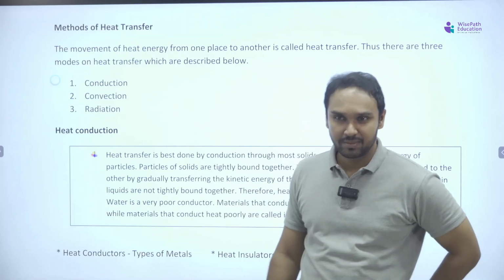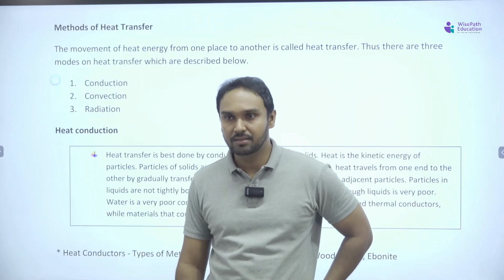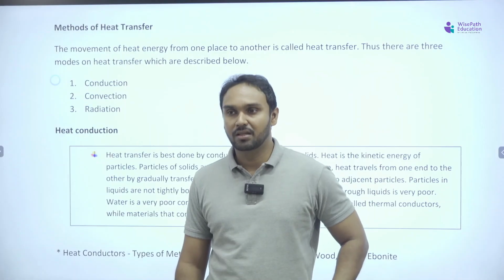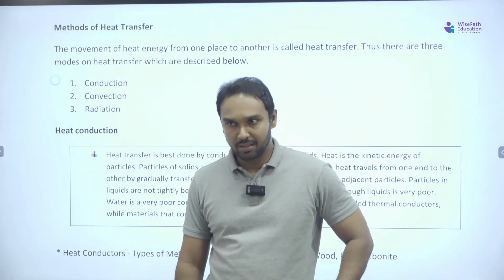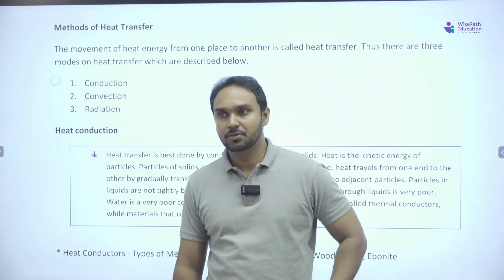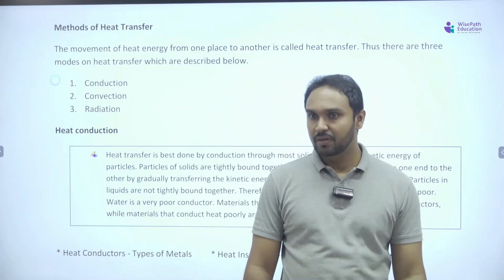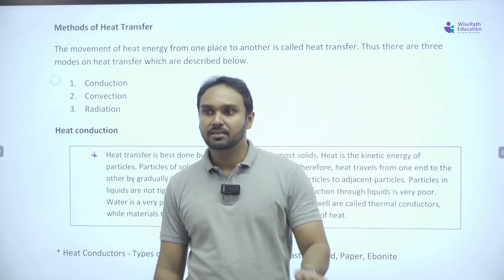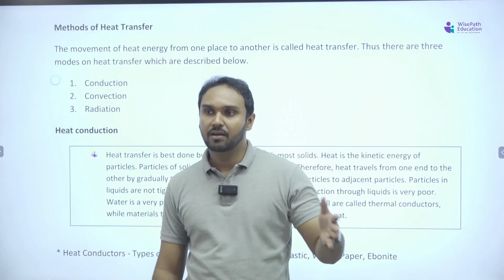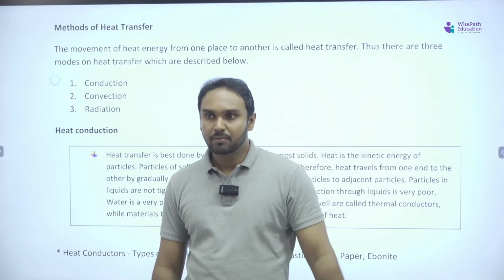Usually the IR is released from heated objects. It doesn't have to be the sun all the time, could be anything, but usually the heat for us is coming from the sun in the form of IR, which is the infrared, that is the electromagnetic wave, and it doesn't need a medium to propagate, isn't it?